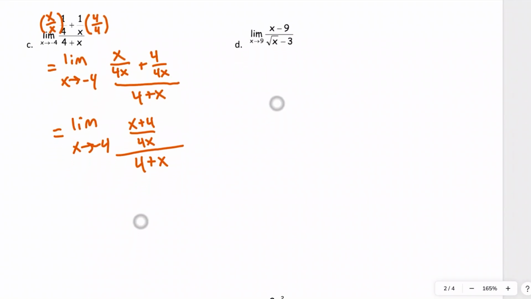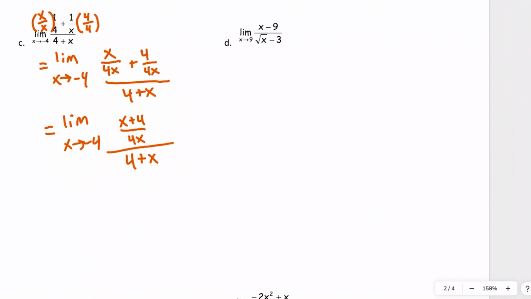Now anytime you're dividing a fraction, it's equivalent to multiplying by the reciprocal. So this would be the limit as x approaches negative 4 of x plus 4 divided by 4x. And instead of saying divided by 4 plus x, I'm going to say times 1 over 4 plus x.